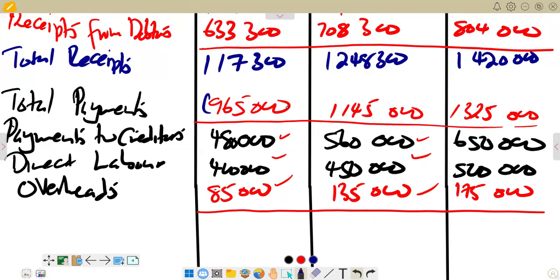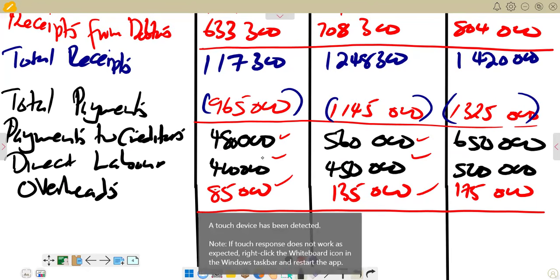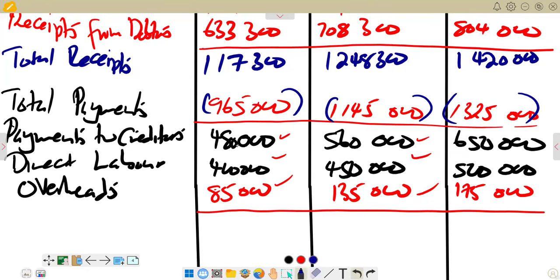Obviously, now we are going to subtract them from our total receipts to get the net surplus or deficit. So let's calculate those figures. In the first one, which is October, we have 1,117,300.